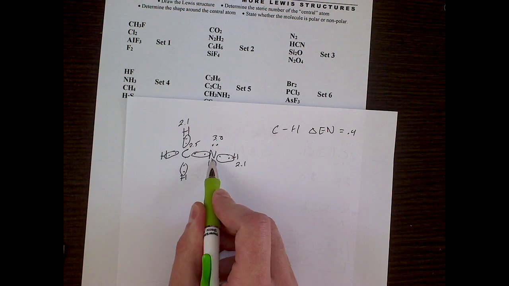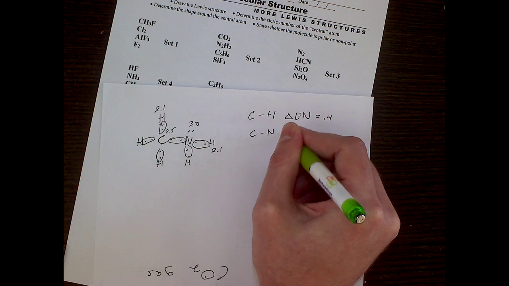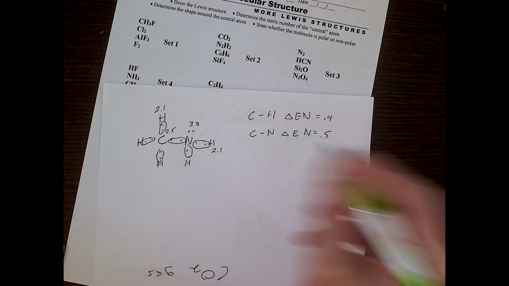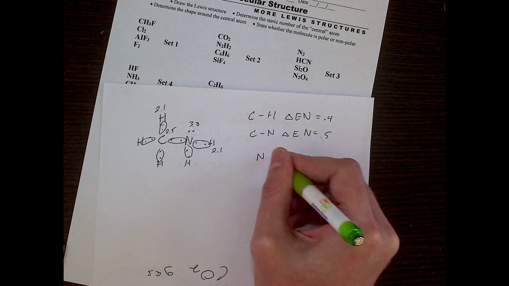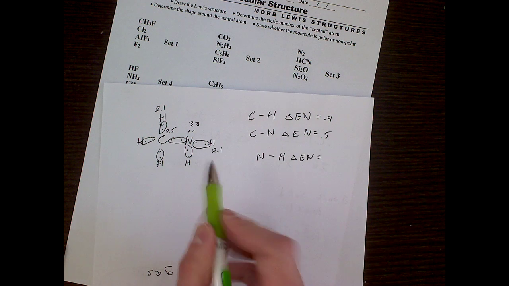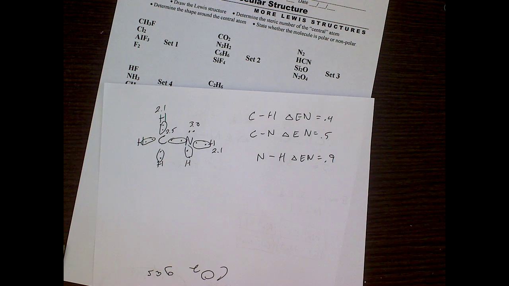I do have a carbon to nitrogen, and that delta EN is equal to 0.5. And then I have my nitrogen to hydrogen, that's 3.0 and 2.1, so the difference there is 0.9, okay?